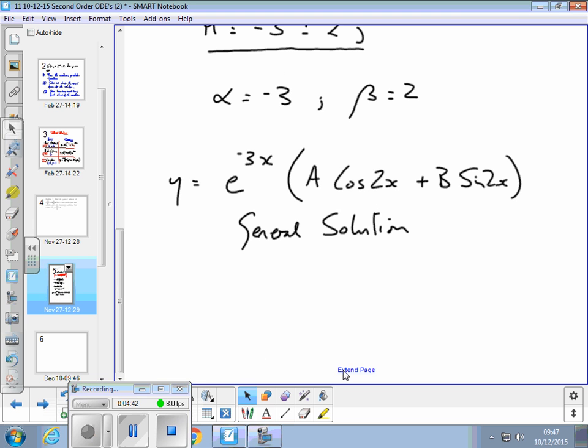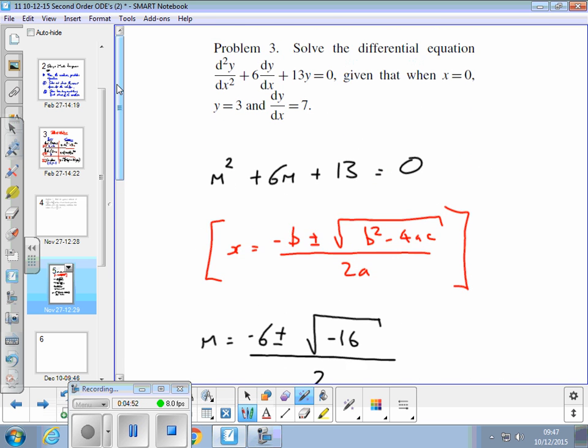So to get the particular solution we have to form two simultaneous equations, because we've got two unknowns, a and b. And if we look back at the problem, we've got the ability to set up two, because we know that when x equals 0, y equals 3, and the differential is 7. The first one, we just put these conditions into the original equation.